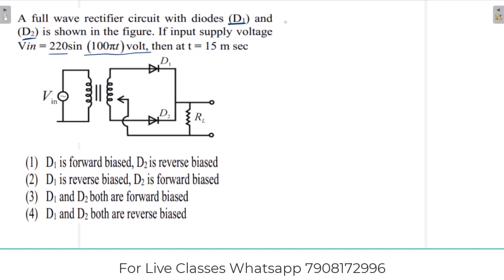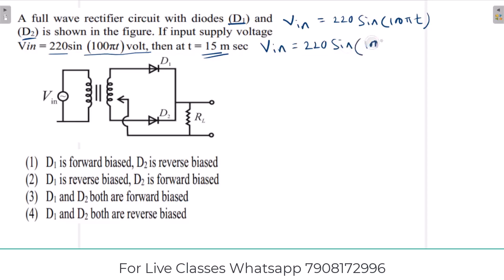So we first calculate the V input, that is the input voltage at that time. We know that V input is given by 220 sin 100 pi t. So at t is equal to 15 millisecond, put the value of t in that expression, that is sin 100 pi t.